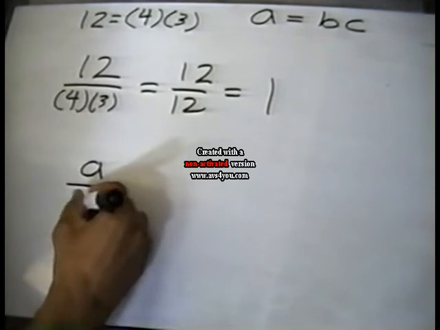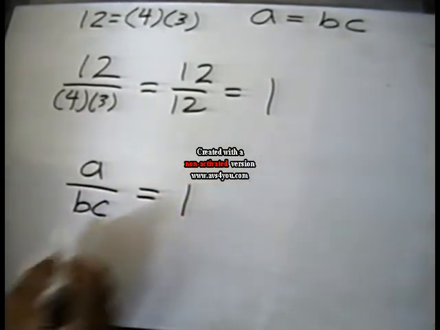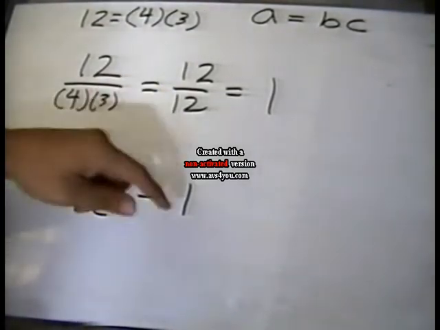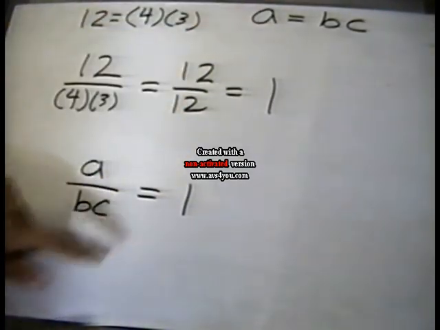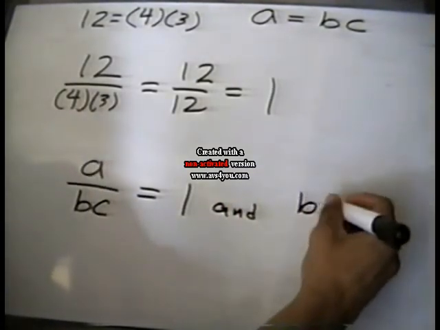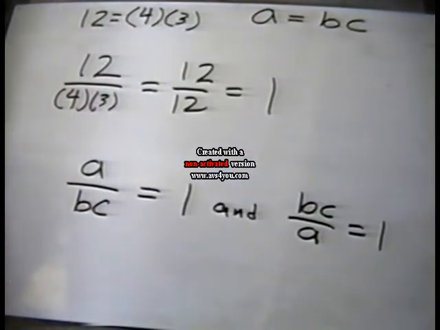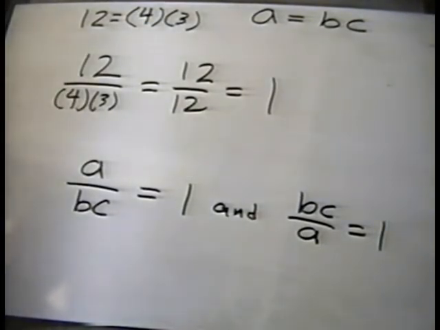Right? So here that's true. Here A equals BC, you can say if given A equals BC, then A over BC equals 1. If A equals BC, then A over BC equals 1. And BC over A is equal to 1.